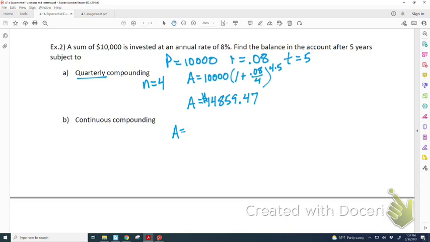So we go 10,000 times E to the 0.08 times 5. And on this one, you should get 14,918.25. Maybe hit pause, make sure you can get those 2 results.